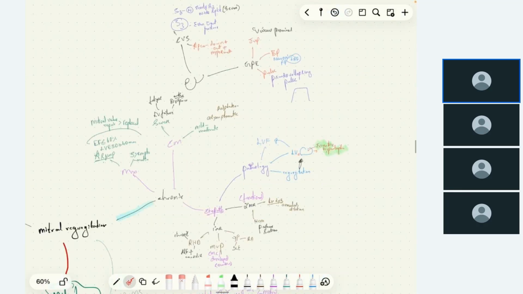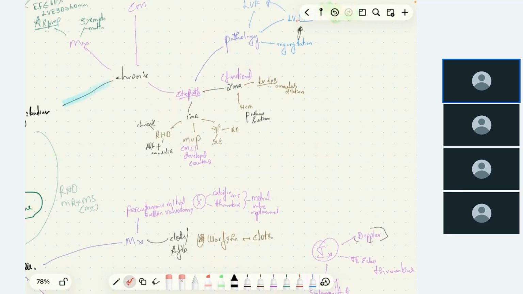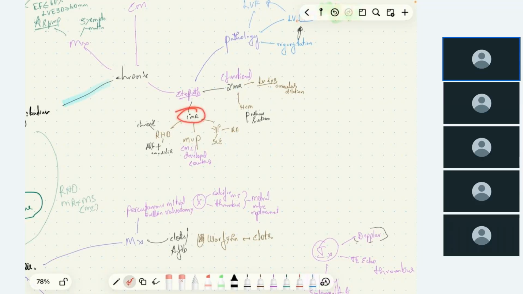Then we have the more important one, the chronic mitral regurgitation. What is the etiopathophysiology of chronic mitral regurgitation? We have two kinds of chronic mitral regurgitation: primary MR and secondary MR. What is primary mitral regurgitation?